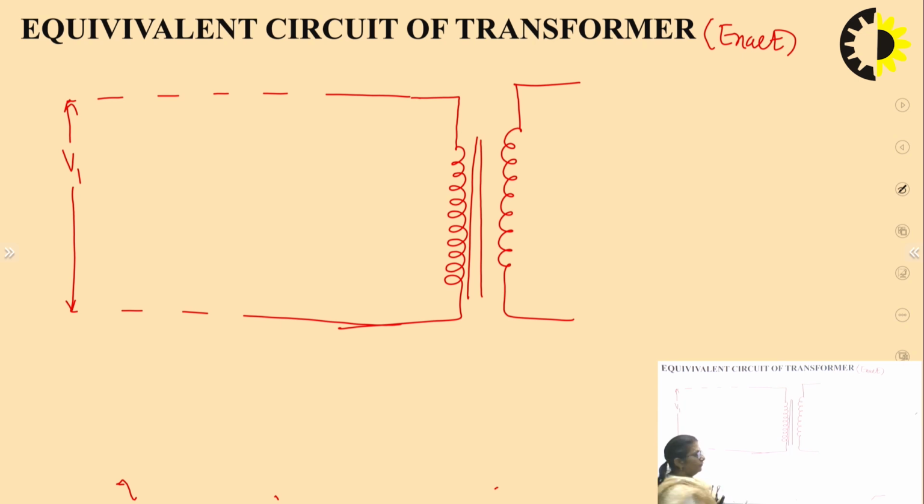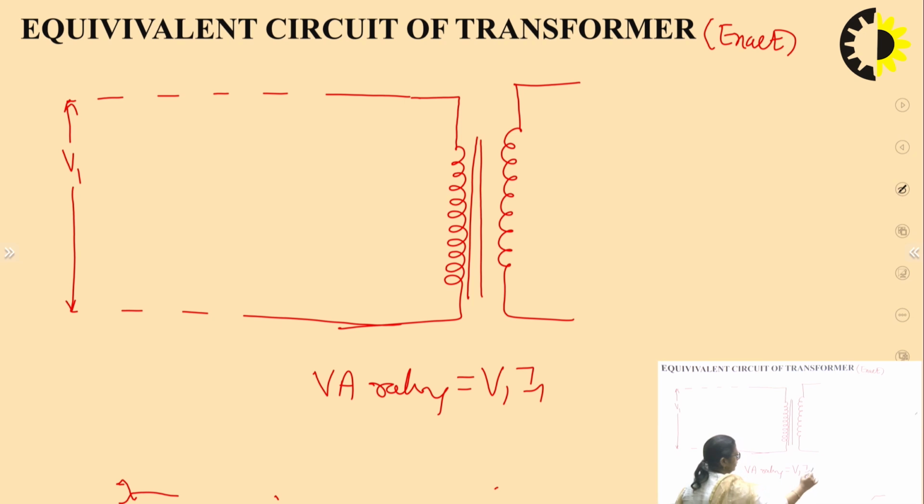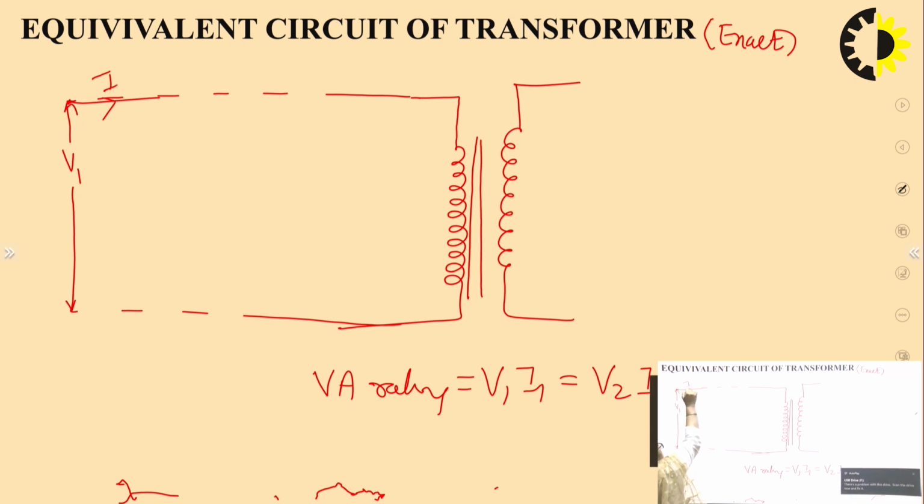As we know, the VA rating of the transformer is given by V1 I1 or V2 I2, where V1 I1 and V2 I2 are the rated input side parameters and output side parameters, right? So if V1 is the input voltage, I1 is the input current, or the primary current of the transformer.